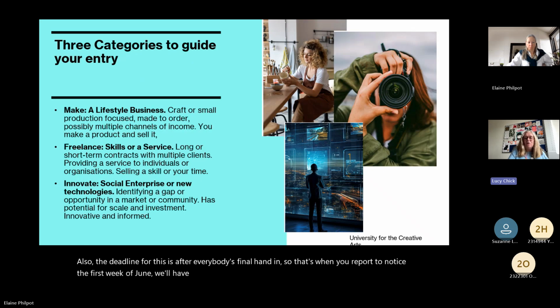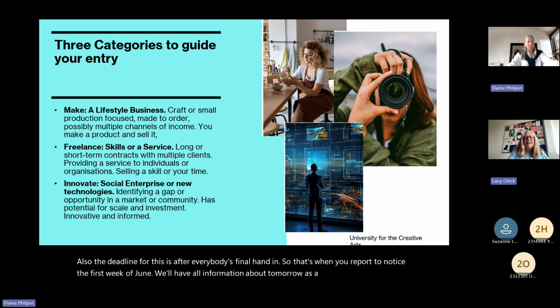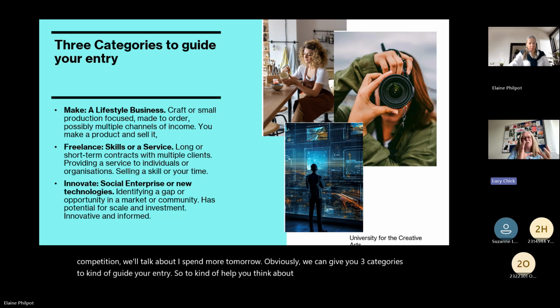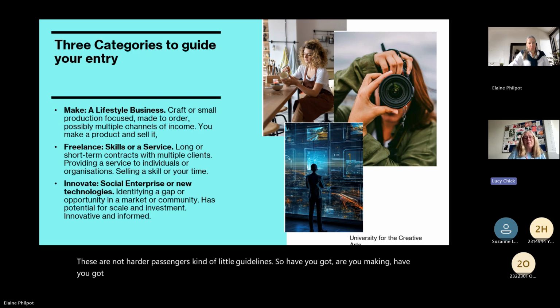As guidance for the competition, we'll talk about this more tomorrow, obviously. We give you 3 categories to guide your entry, to help you think about what type of business you have. These are not hard and fast, just guidelines. Have you got a craft or small production, made-to-order business? Are you making a product yourself and selling it? Are you going to be freelance, selling your skills or a service?